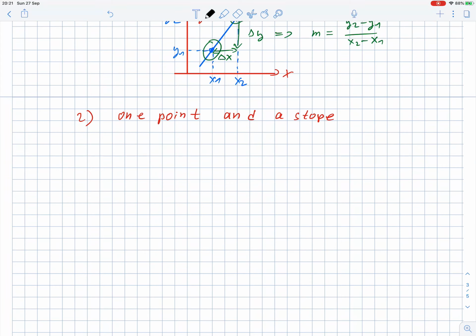Okay, example. We know that we are talking about a linear function, and we have 2 points, 2 coordinates given. Let's say a: x1 equals -1 and y1 equals -1.